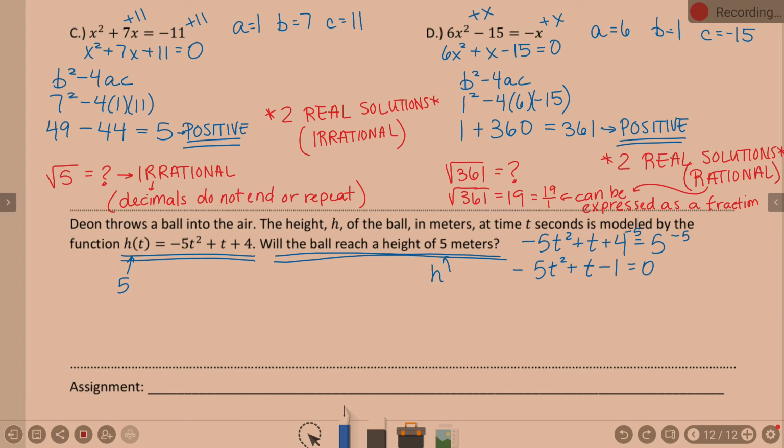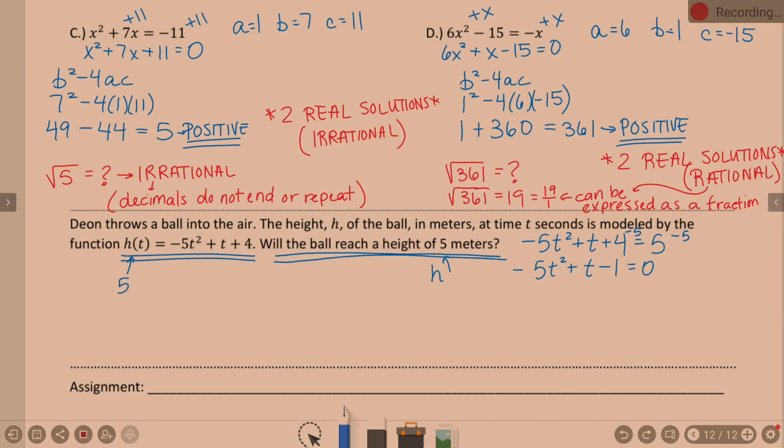Do I have to do my whole quadratic formula out here? Does this ask when the ball will reach a height of 5 meters? It asks, will it? So this is a yes or no question. Okay. 50-50 shot if you guess right now and stop here. However, I prefer we know how to do this.